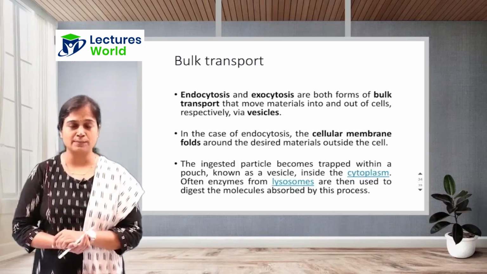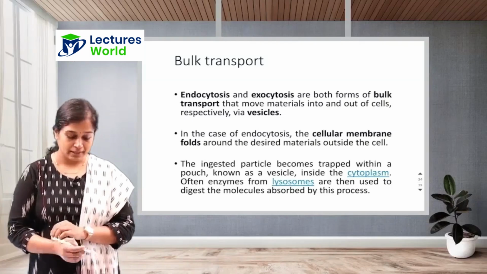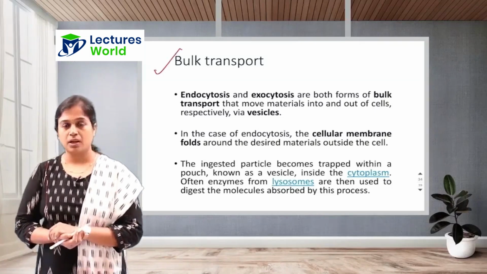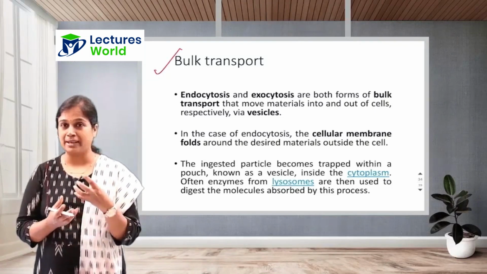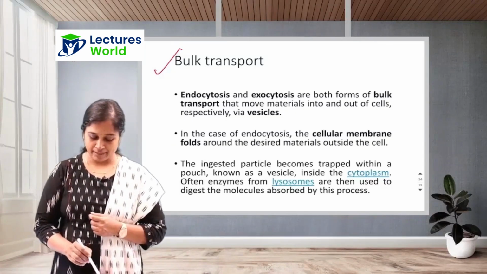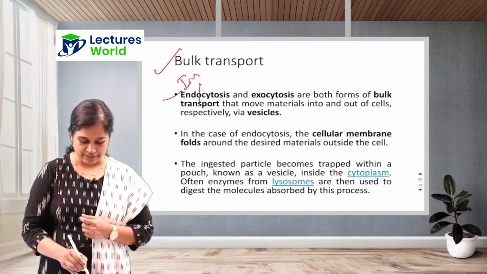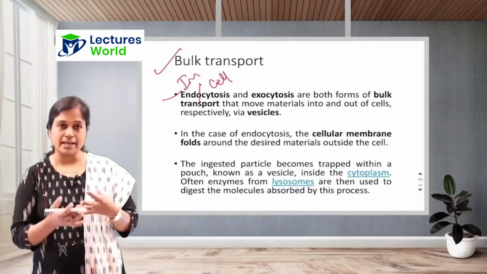Now another transport that takes place across the cell membrane is the bulk transport. Bulk means many molecules at a time. So bulk transport includes endocytosis. Endo means inside and cytosis means the cell, so inside the cell.